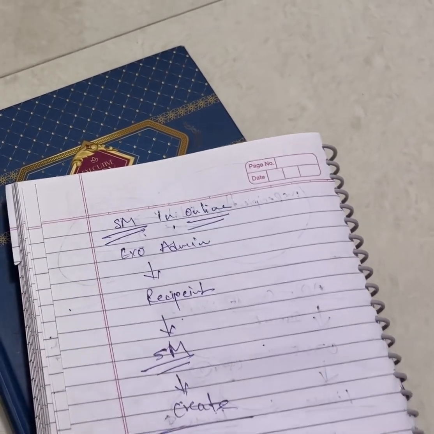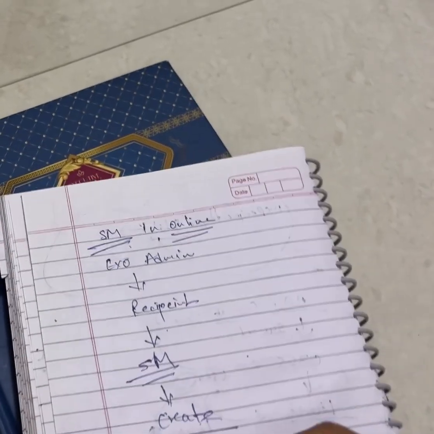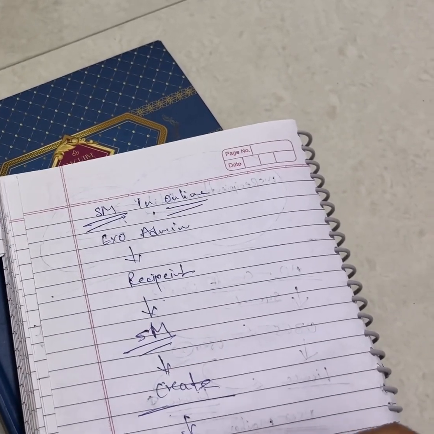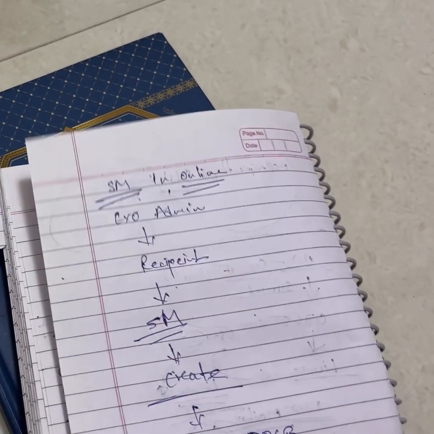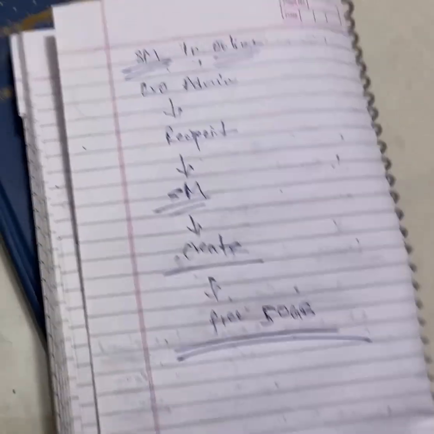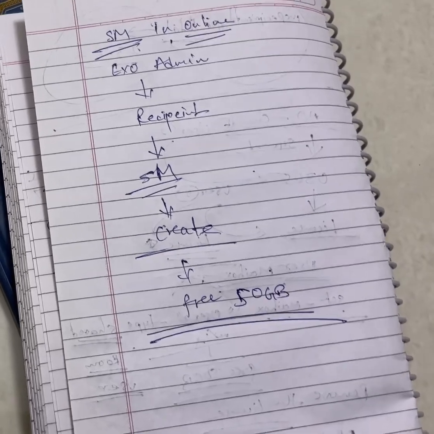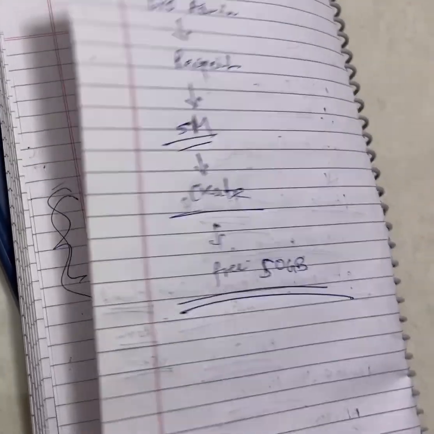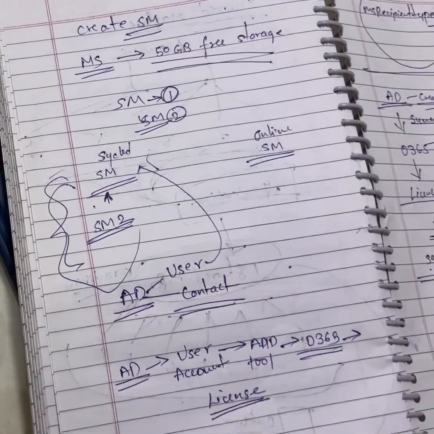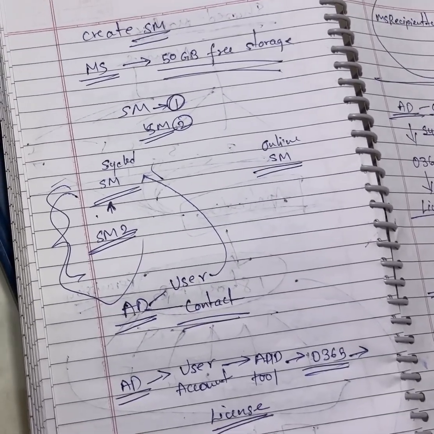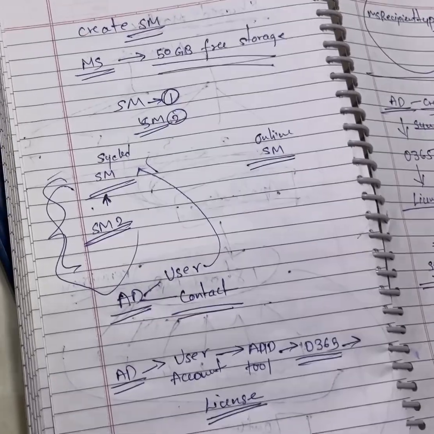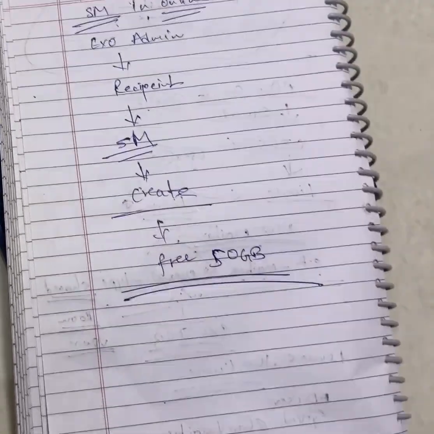Simply done. Nothing you have to do, because it is 50 GB free. You don't have to assign any license, because by default it is part of the Office 365 family. In AD, when you create from AD, then you have to assign a license because it's coming from AD but it's Office 365.